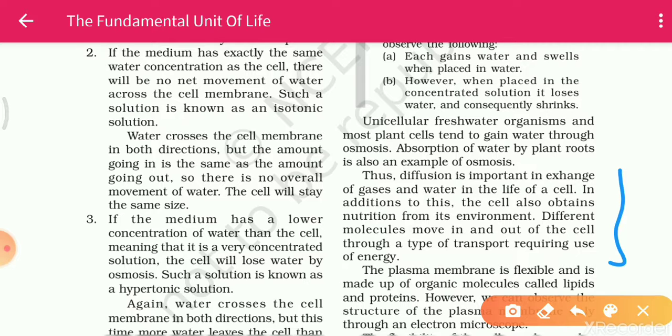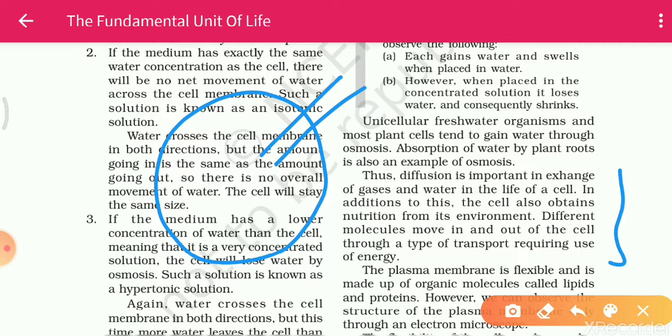Then in addition to this, the cells also obtain nutrients from their environment. Different molecules move in and out of the cells through a type of transport requiring the use of energy. Students, in the cells, gases come out, and water goes out and comes in, due to the processes of diffusion and osmosis.